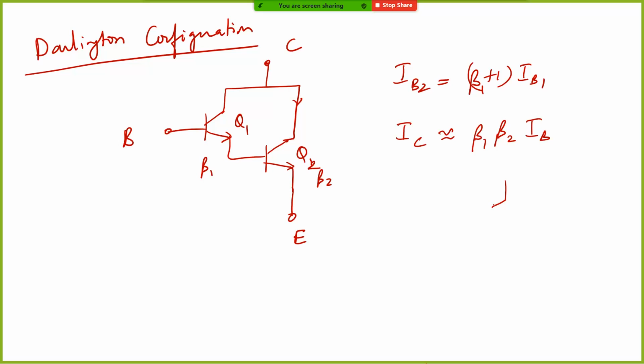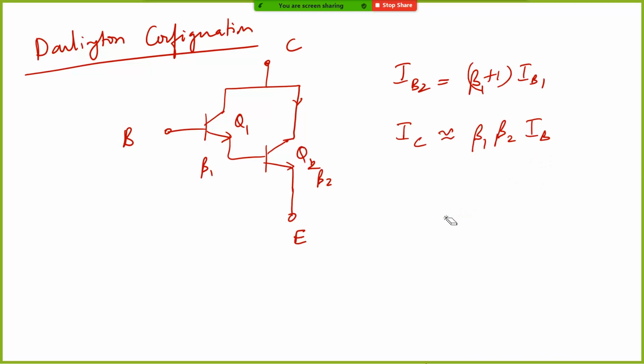The same thing can be done for PNP transistors also. So here what happens is you have this, and you have this feeding into this one. So you can have a Darlington configuration of NPN transistors, or you can also have the Darlington configuration of your PNP transistors.